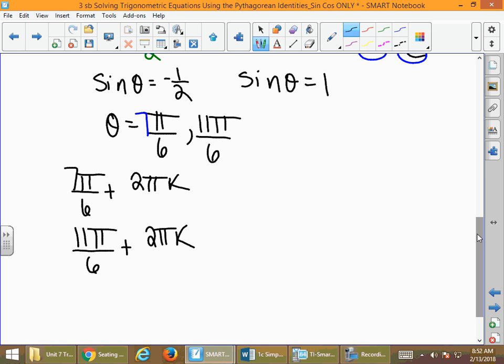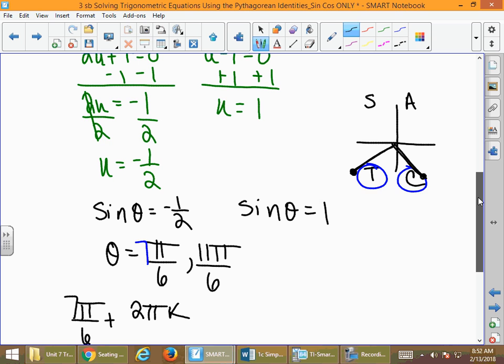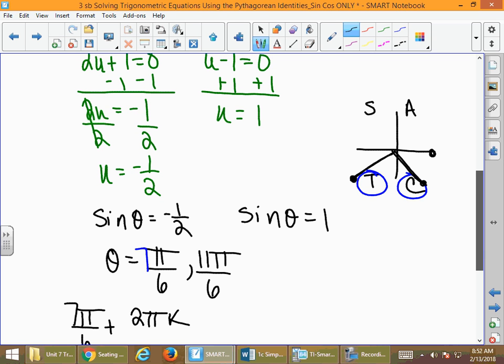To the right of that, we've got sine of theta equals 1. And even going back on this picture here for the quadrantals, which also seem to be giving some of us some trouble, this point is 1, 0. This point is 0, 1. This point is negative 1, 0.